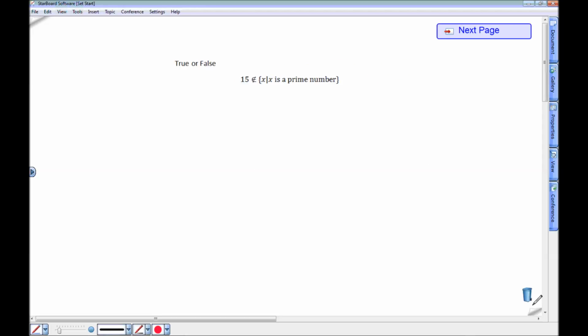Okay, finally, 15 is not a member of the set of all X such that X is a prime number. So I have to look at this set and say to myself, well, what things are in there? Well, if you go back or look at your definition of prime numbers, this is all the numbers greater than 1 whose only factors are 1 and itself.